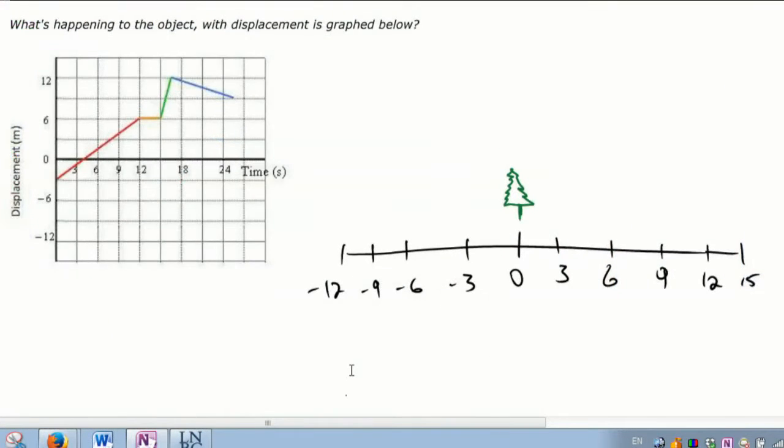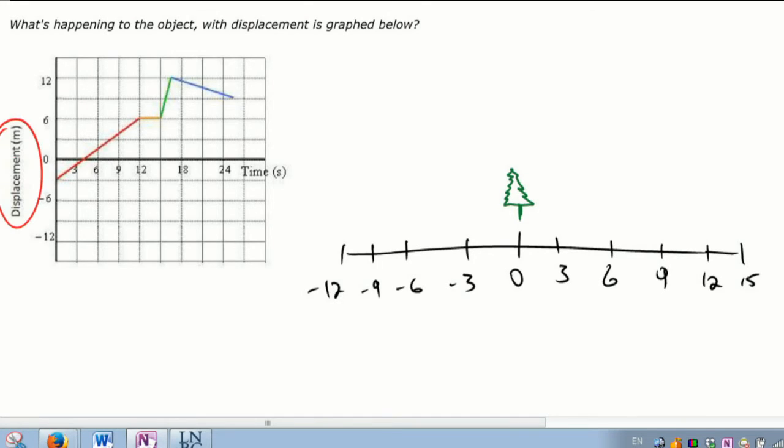All right, so I have some 0 position. It's completely arbitrary. I've drawn a tree there. There we go. I've picked 0 position. At 0 seconds, I'm talking about this red portion of the line here. All right, at 0 seconds, where is my object? Anna, you're right. It has a positive slope, so it's going to the right.